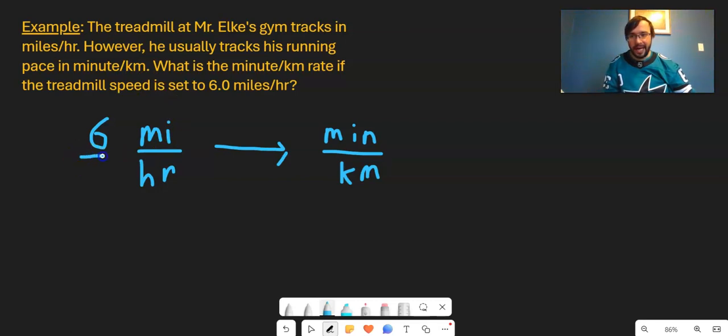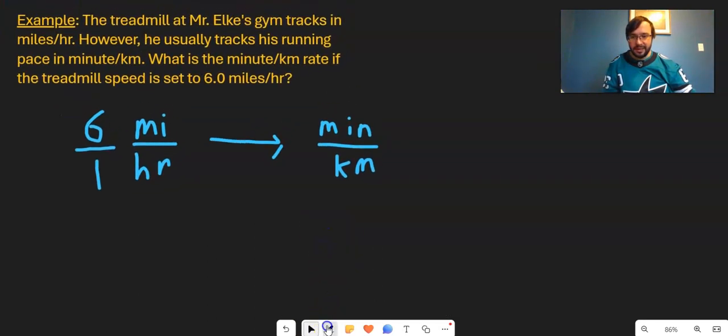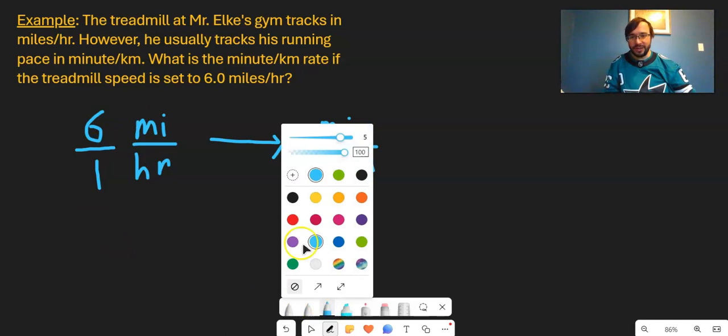So what I mean by that, right now we have the distance in the numerator and the time in the denominator. We can just flip this by finding the reciprocal. So fancy math words for you there. But that's okay. We can totally just flip this.